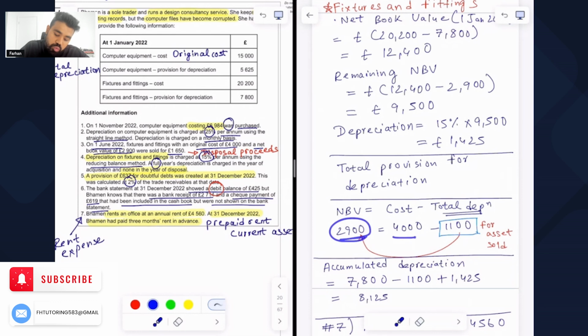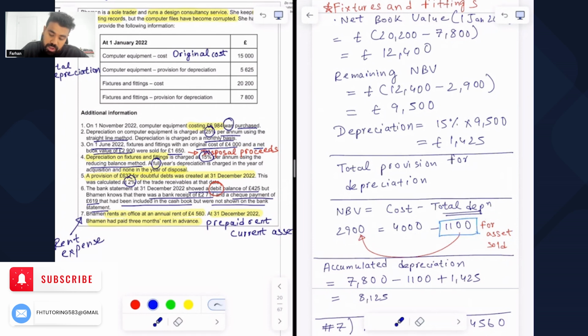And the original cost was 4,000 pounds, which is what we have taken from the information given here as well. The total depreciation is something that we did not know, but if you just use some logic, you would see that the total depreciation has to be 1,100 for the asset that we have sold, because if it is 1,100 pounds, only then when we subtract this from the original cost of 4,000 pounds, you would end up with a net book value of 2,900 pounds.